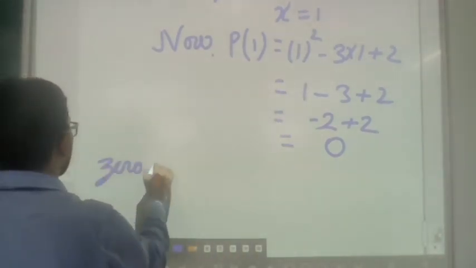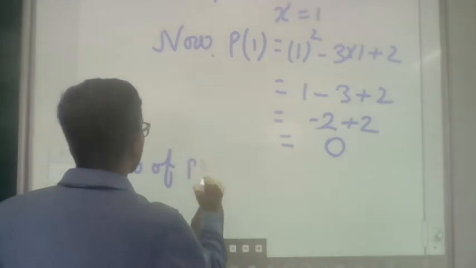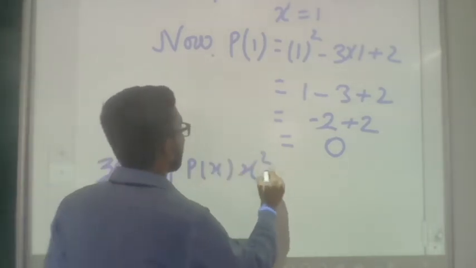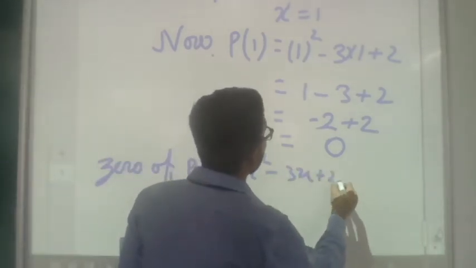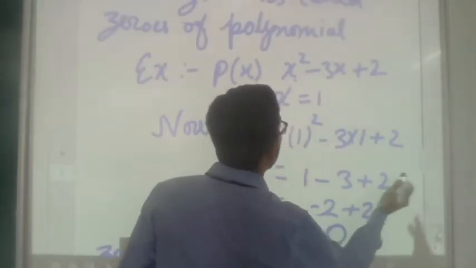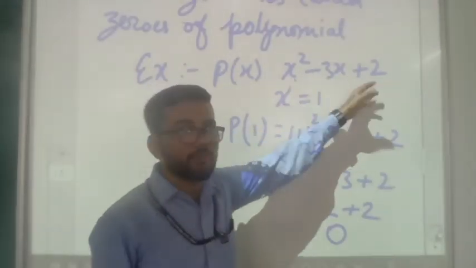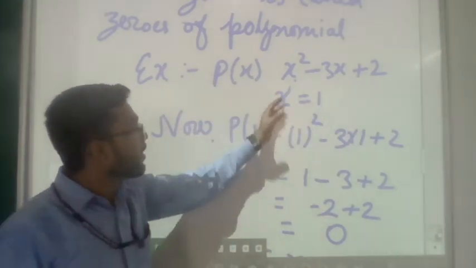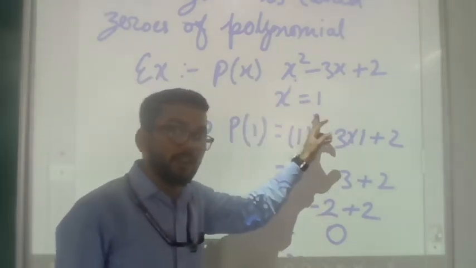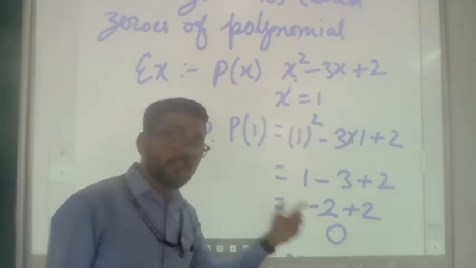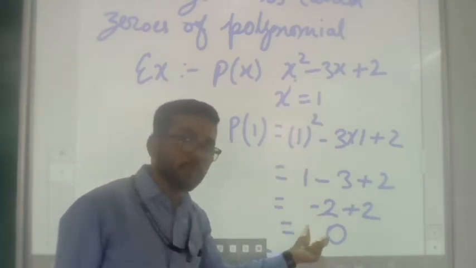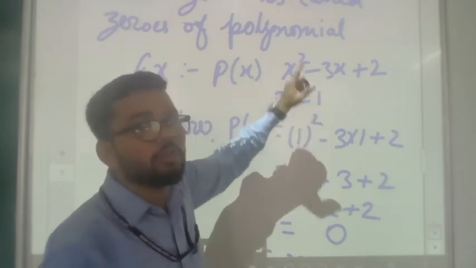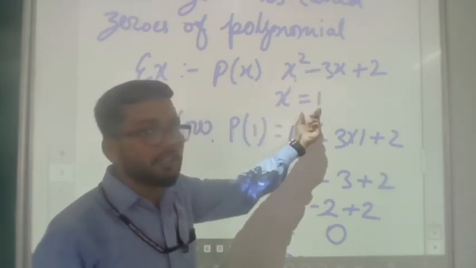We have obtained 0, so 1 is a zero of this polynomial.